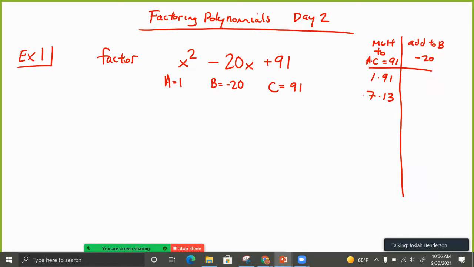If they were both individually negative, negative 7, negative 13, that works. Those equal negative 20. And when I multiply negative 7 times negative 13, they multiply to a positive 91. Perfect. So that's our configuration, our grouping on how we're going to split up B.